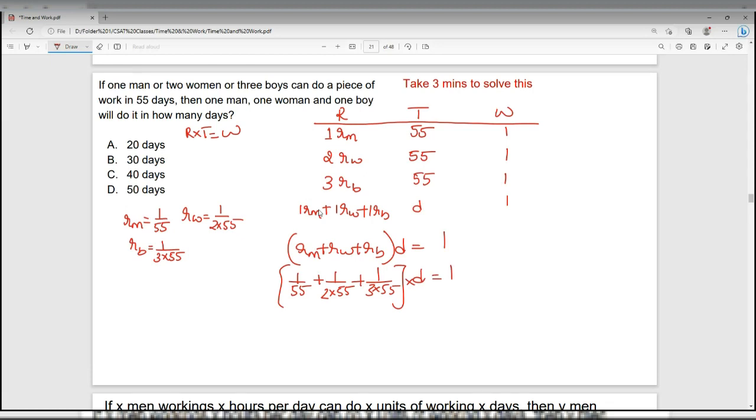And if we take 1 by 55 as common, we have (1 plus 1 by 2 plus 1 by 3) into D is equal to 1.